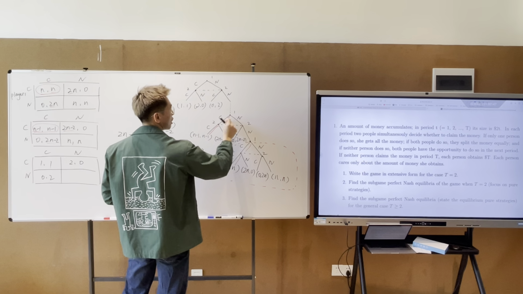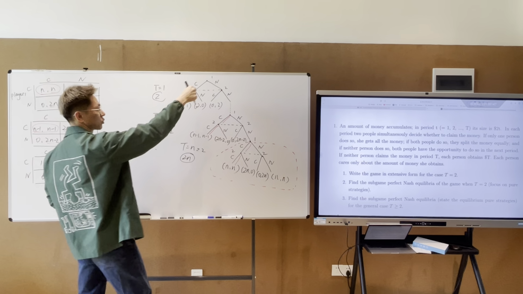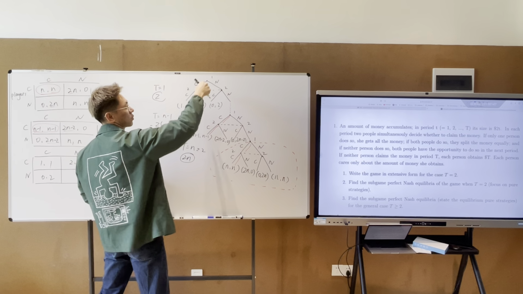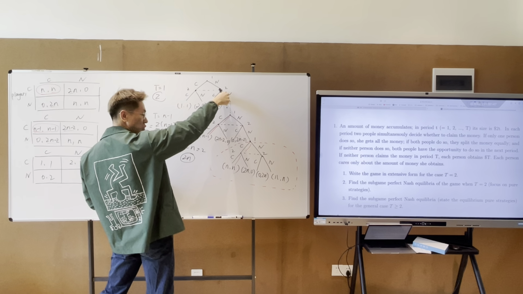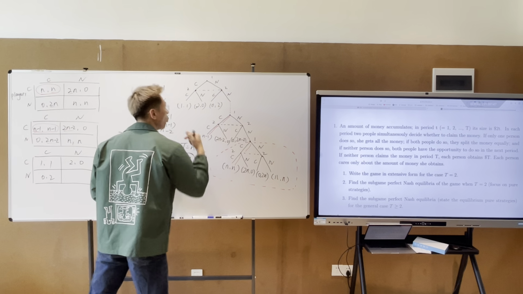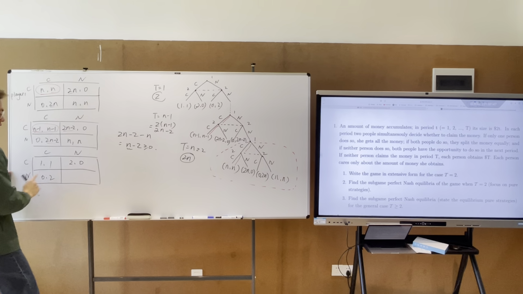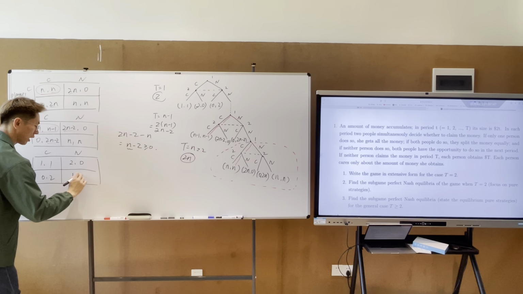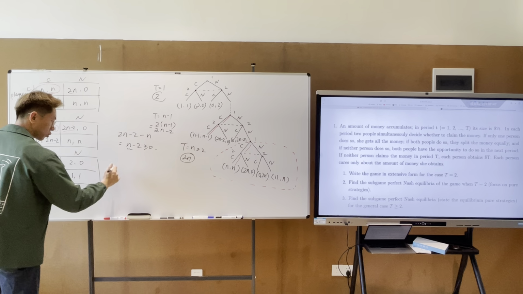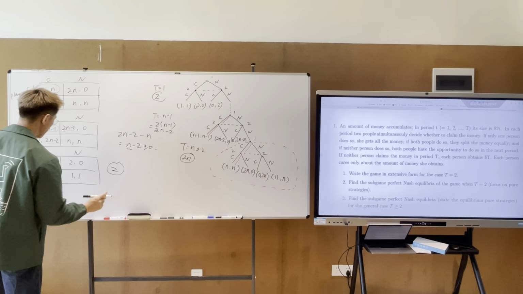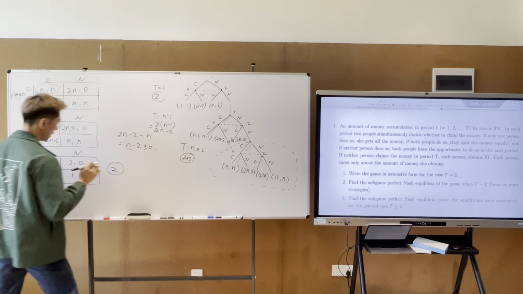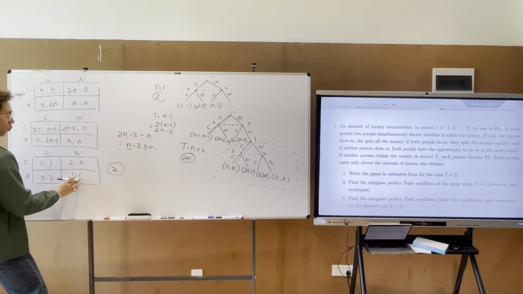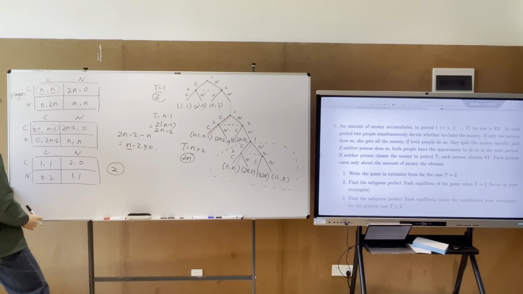So the game will end in period 2 if both players choose not to claim the money in period 1. What is their payoff of not claiming the money? It is 1 and 1, right? Because in period 2, we divide $2. And in period 2, both of them will claim the money. So we get 1, 1.